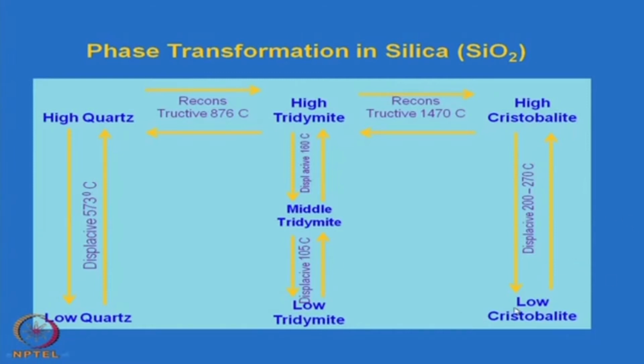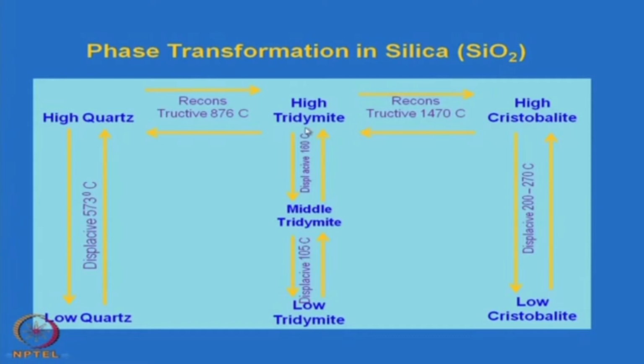These transformations do not take place unless you heat it to high temperature and then cool it back. For example, if you heat it to very high temperature cristobalite, depending on the rate of cooling, either it goes to the low cristobalite phase or it can go to the low tridymite phase.